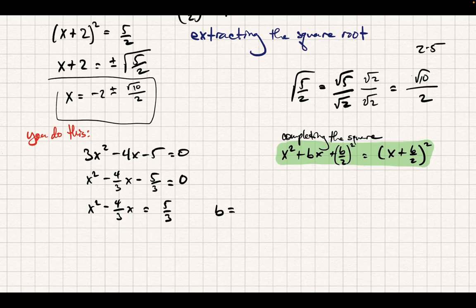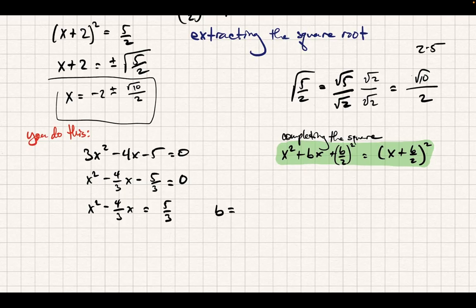Can you say it again? Because you were close, but not quite. b equals 4 over 3. No. Negative 4 over 3. Because it's x squared plus bx, so my bx is this entire coefficient.